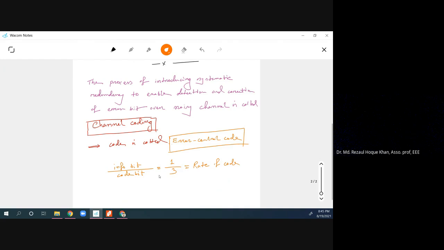So if redundancy increases, our code rate decreases definitely, because of the fundamental Shannon limit, the channel is restricted, not unlimited.